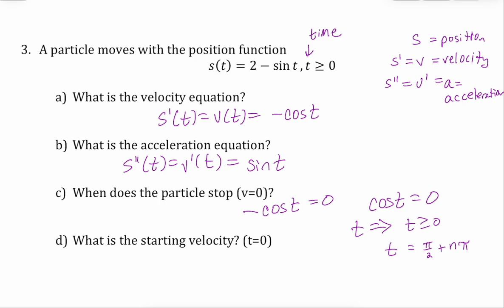Now let's talk about what that means. It means that every 180 degrees, n is an integer. Excuse me. So if I add 0 pi's onto pi over 2, if I add 1 pi, 2 pi, actually it has to be a positive integer. Let's call it whole numbers. So we can do 0. Whole numbers, is it W?